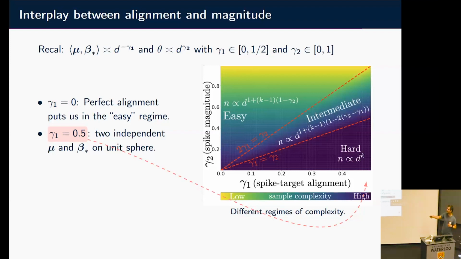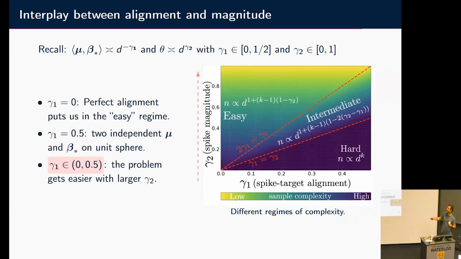If gamma 1 is 0.5, this is an interesting case where the spike direction and the target direction can be entirely independent, two independent random vectors sampled uniformly on a unit sphere. Then you're in the hard regime, but if the spike magnitude is large, even if they're entirely independent, you can get to the intermediate regime, which I find interesting.